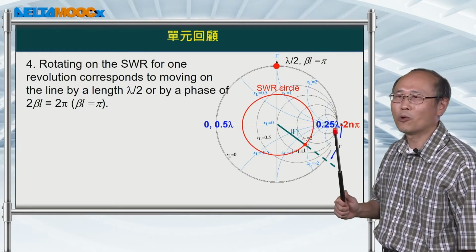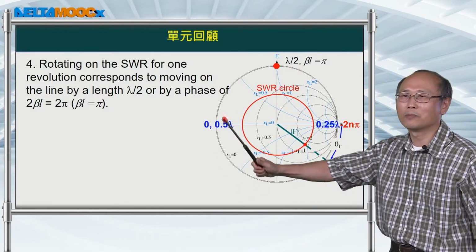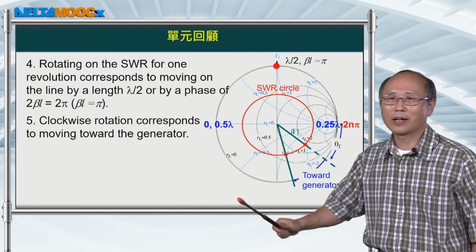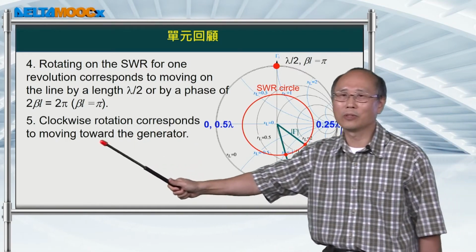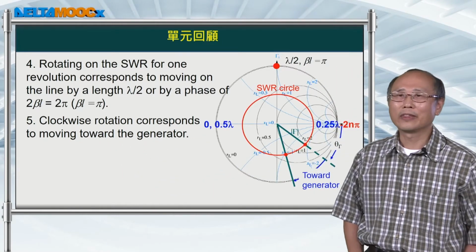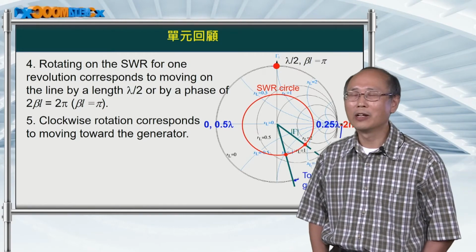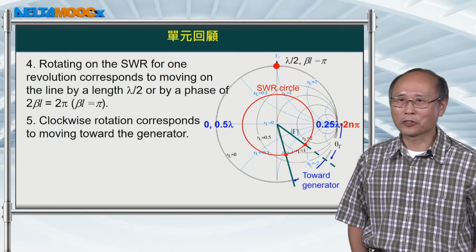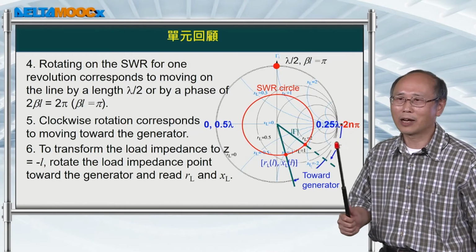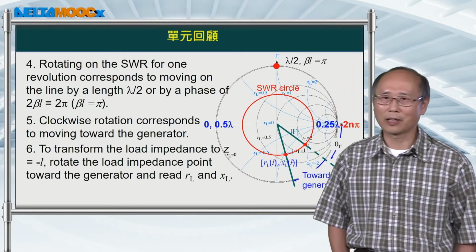If you walk toward your generator, then you'll be doing clockwise motion on this circle. The clockwise rotation corresponds to moving toward the generator, because again, z is equal to minus L when you walk toward the generator. So we'll be dealing with a negative phase angle, and the angle is moving down in the clockwise direction.